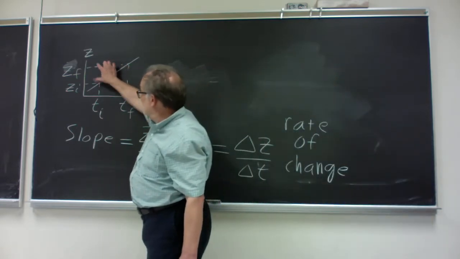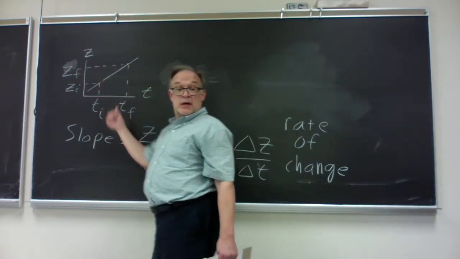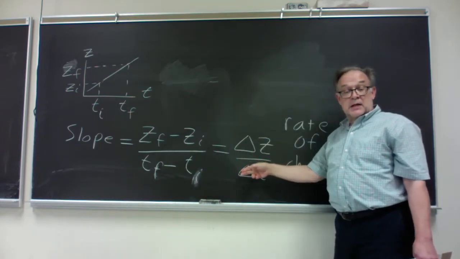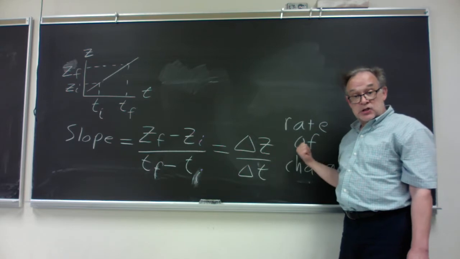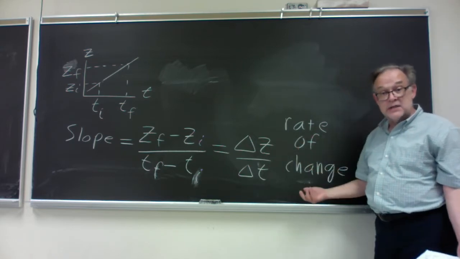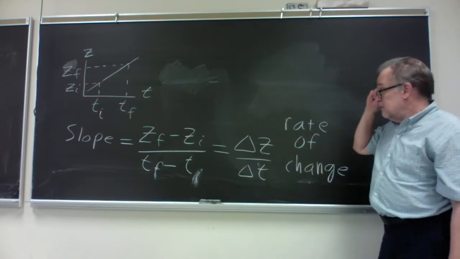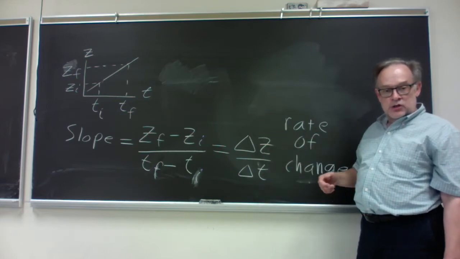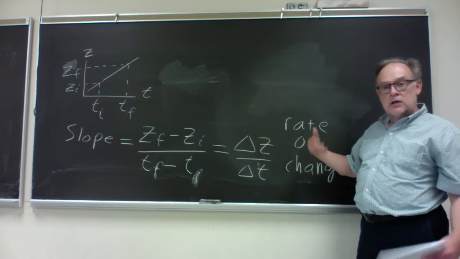This much change in z took this much time. So change in something divided by the amount of time it took to make the change is how you calculate a rate of change. The numerical value of this tells you how much change you get in z per second.